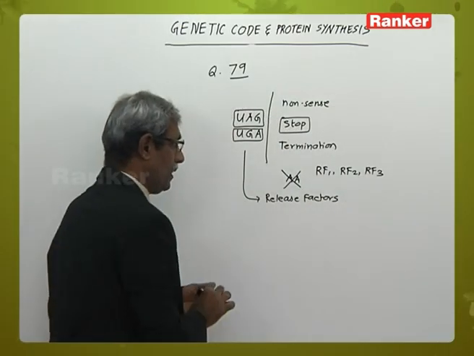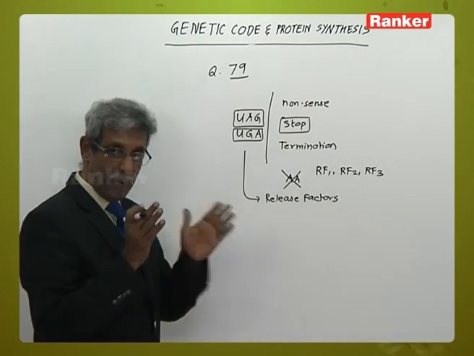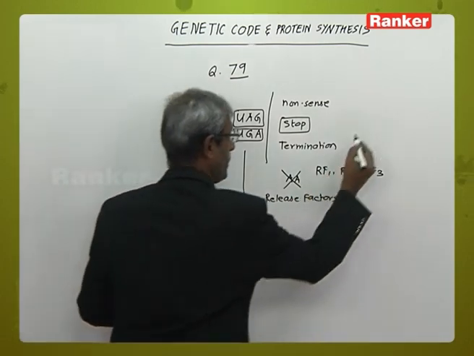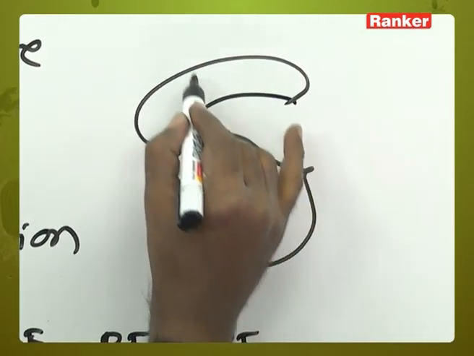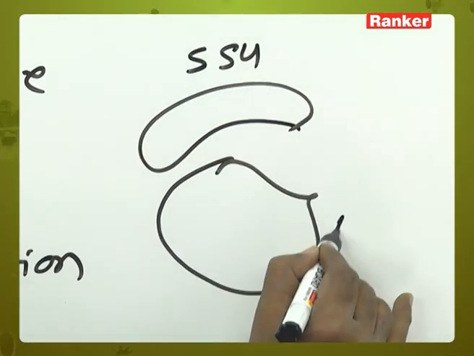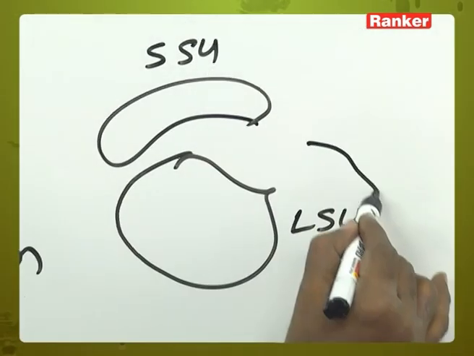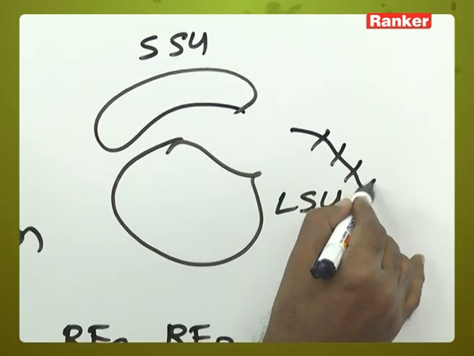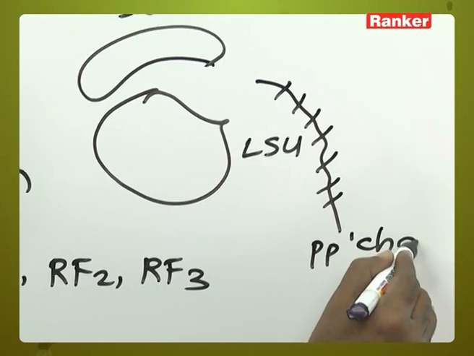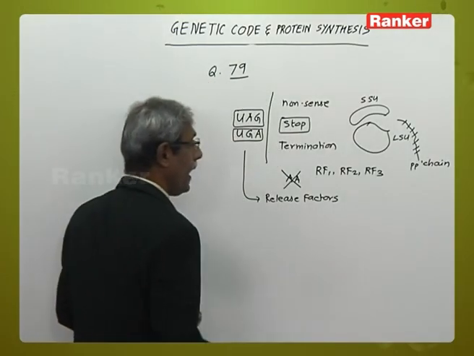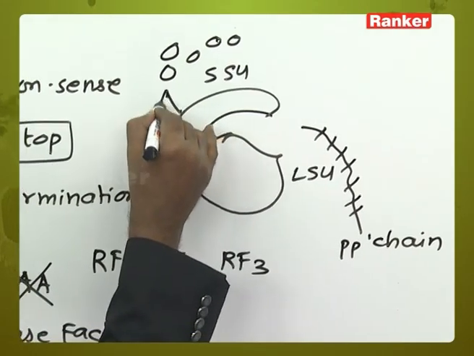The release factors help in separating the ribosomes. They help in separating the small subunit and the large subunit, liberating the polypeptide chain, and all the enzymes which are associated with protein synthesis.